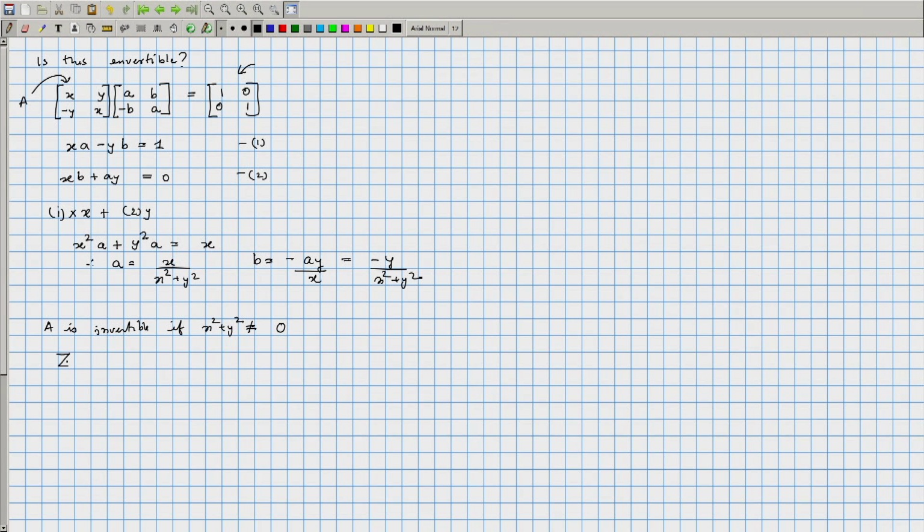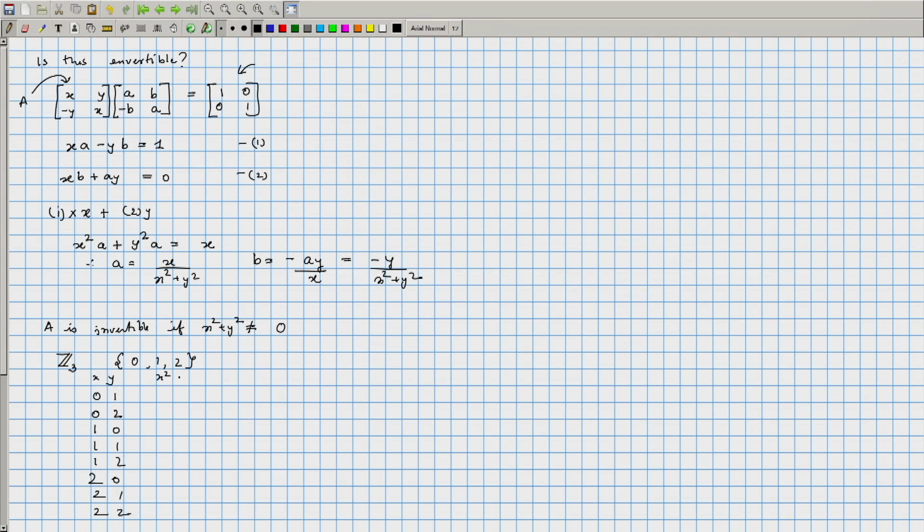Now, if you take Z3, this has 3 elements, namely 0, 1 and 2. So, x has 3 possibilities, y has 3 possibilities, out of which the 0, 0 possibility we can discount, and the other 8 possibilities we can manually check. So, let us say 0, 1; 0, 2; 0, 0 we skipped. So, these are the x, y values, and then 1, 0; 1, 1; 1, 2; 2, 0; 2, 1; 2, 2.